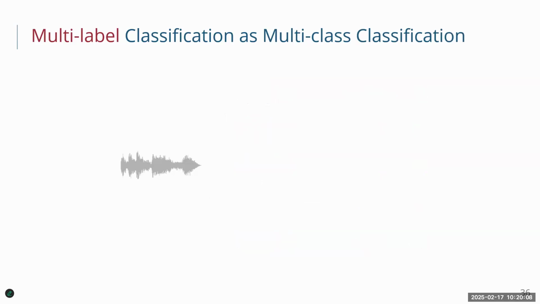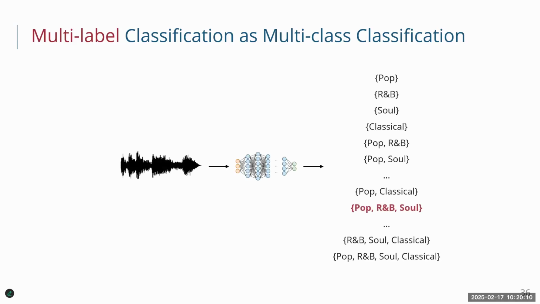Anyway, that's the first way to do it. The other way is through multi-class classification. It's a bit strange, but this could be a way to do it. Usually less common than the previous one. You can just do the power set of all the genres that you have. Say you have pop, R&B, soul, classical.